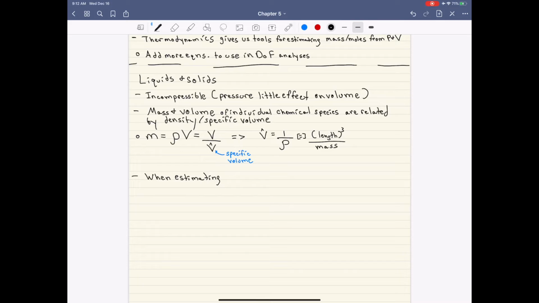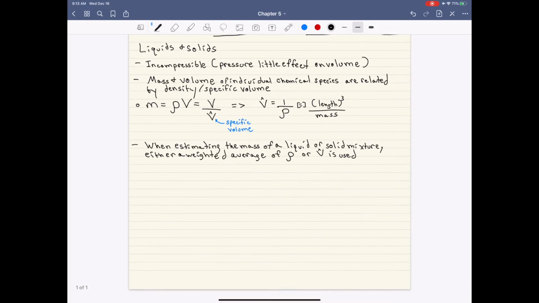And so when estimating the mass of a liquid or solid mixture, you're either going to use a weighted average of density or specific volume. So either a weighted average of rho or V hat is used. Okay?